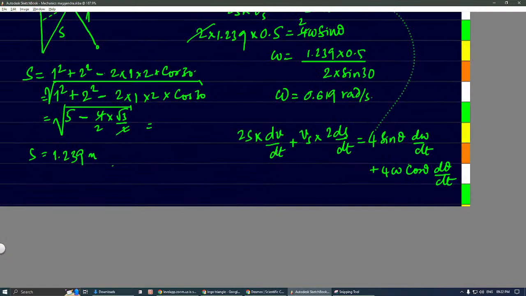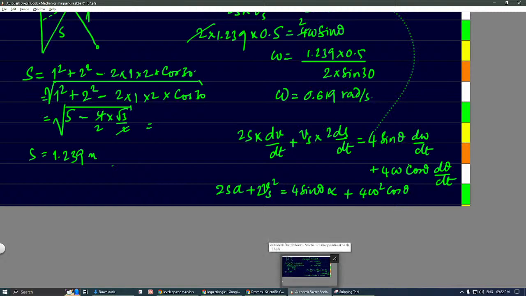It's very complex, huh? dv by dt is acceleration, plus vs square, 2 times vs square, equal to 4 sin theta, d omega by dt is alpha, plus d theta by dt is omega, so omega square cos theta. Okay, so many things.